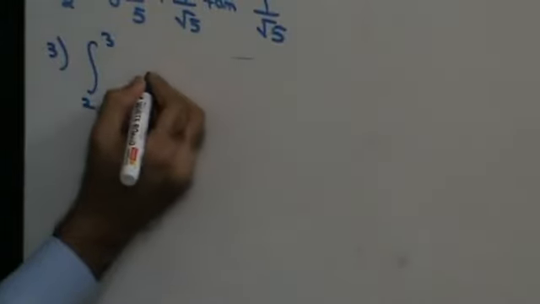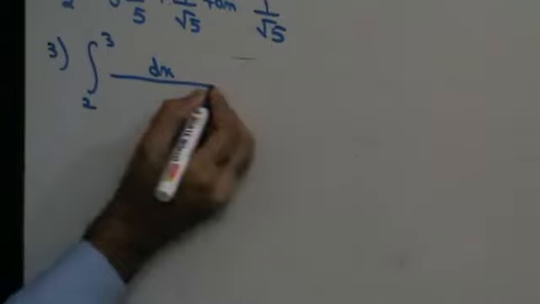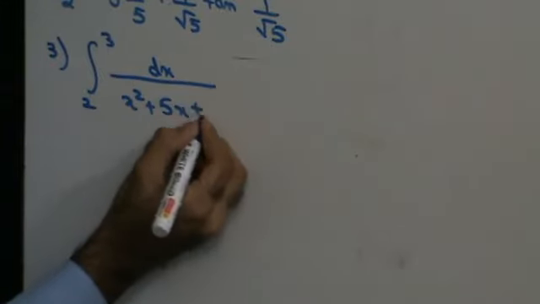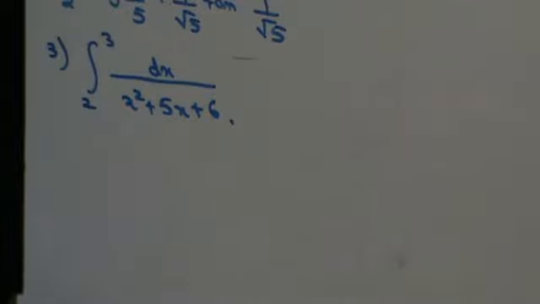Integral of 2 to 3 dx upon x square plus 5x plus 6. I have a quadratic. Now I can find the factors of this quadratic because x square plus 5x plus 6 can be written as x plus 3, x plus 2. That means I can solve this sum by two methods.